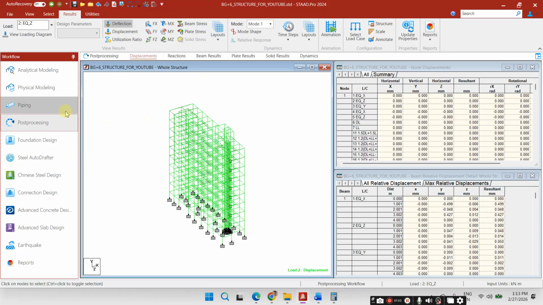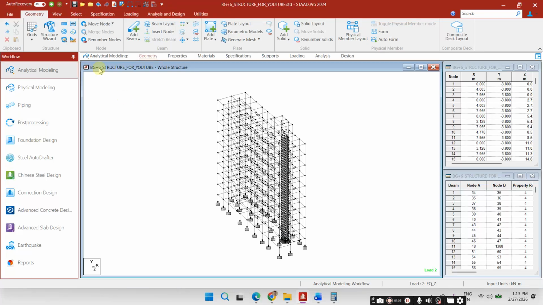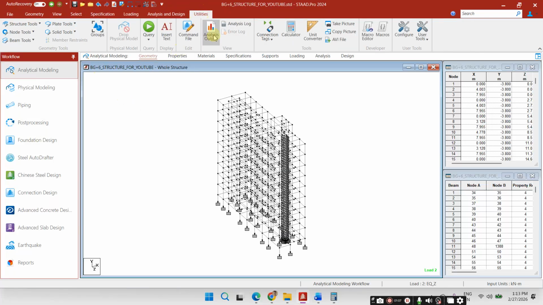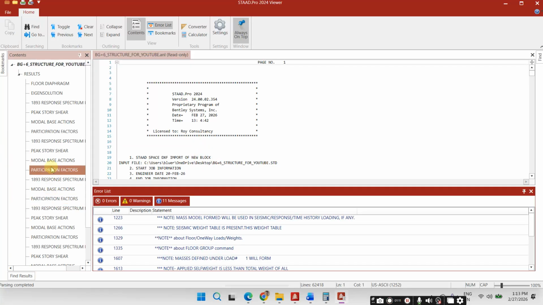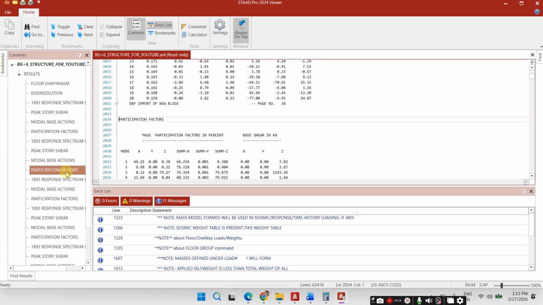Then go to processing, not needed processing. So you go to utilities and output file, and here the participation factor.